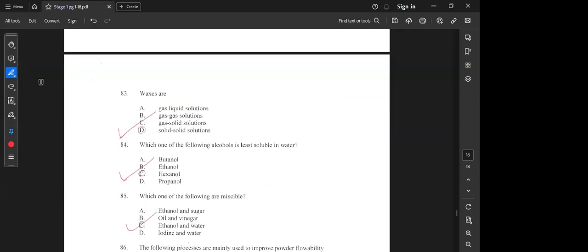So which one of the following are miscible? Ethanol and sugar, oil and vinegar, ethanol and water, iodine and water. You know that one.